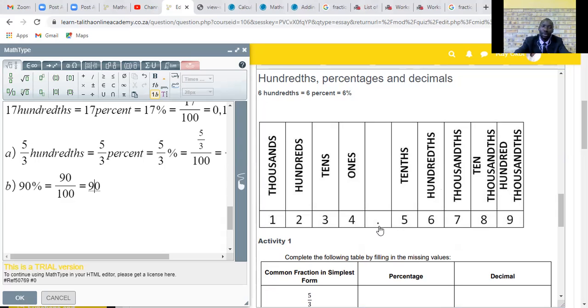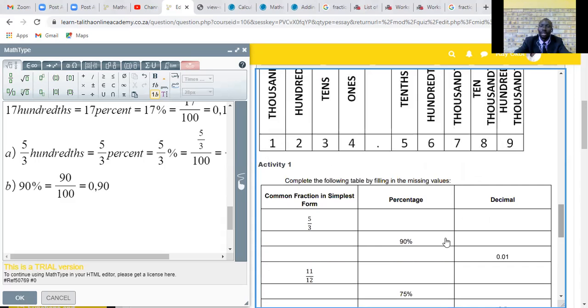That means the decimal point will be right there. And so to complete it, we put a 0. So this is how we calculate it. 90% will now be 0.90 in decimal. That would be the value of this. And in common fraction, we would have 9 divided by 10. So this one is in decimal.